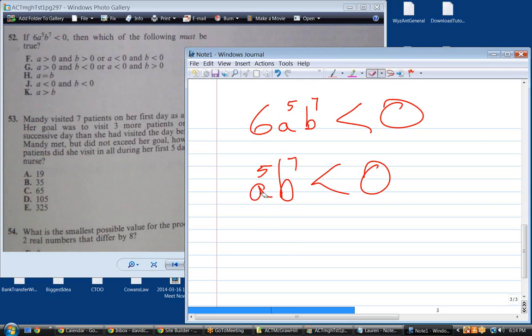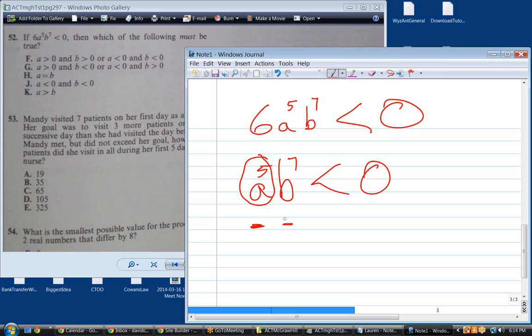Well, if A is greater than 0 and B is greater than 0, then A to the 5th is going to be positive, B to the 7th is going to be positive, and positive times a positive is going to be positive. So A greater than 0 and B greater than 0 doesn't work. And in fact, if they're both less than 0, this term will be negative, because when you take a negative number to the 5th power, it stays negative.